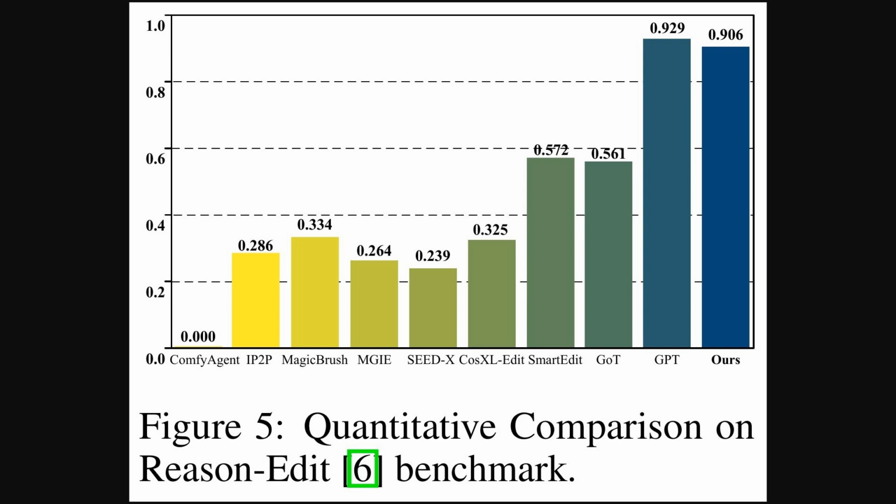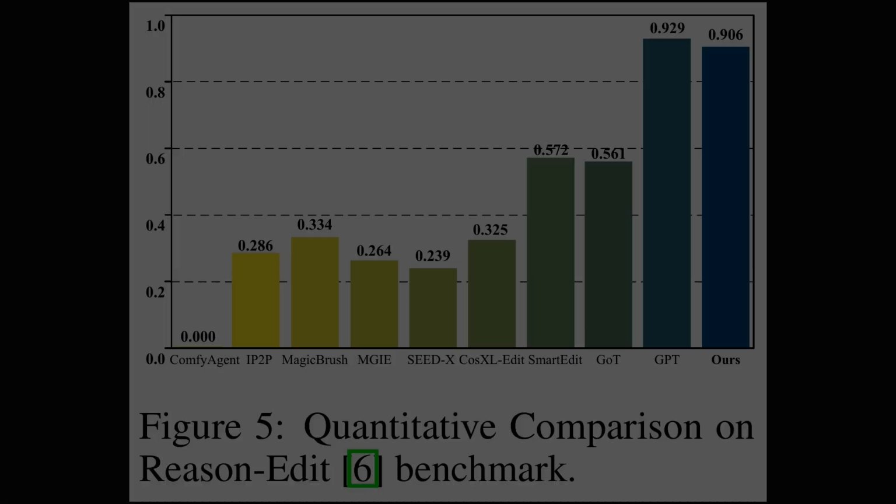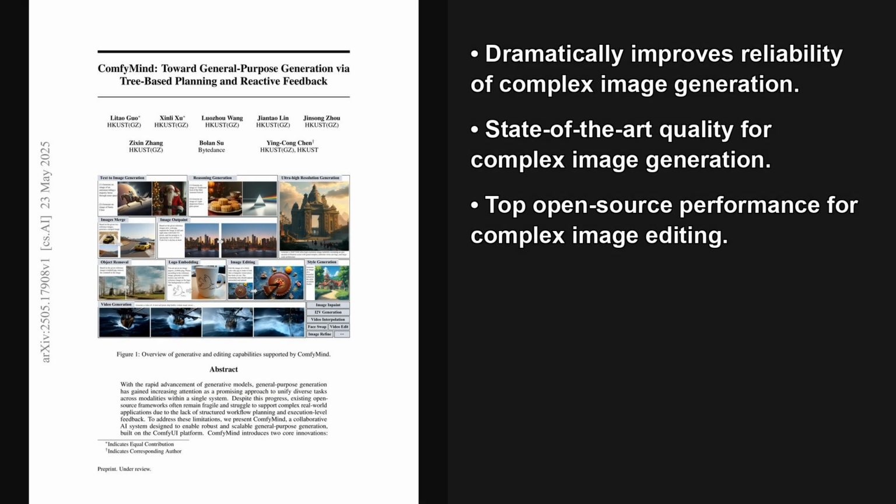It scores an impressive 0.906, which is the best score for any open-source tool by a huge margin, and it's right on the heels of the powerful, closed-source GPT model. Whether it's creating an image from a complex prompt or making a really specific, reasoned edit, ComfyMind consistently delivers.